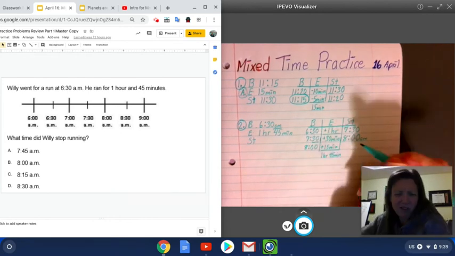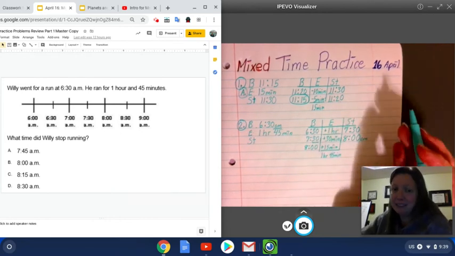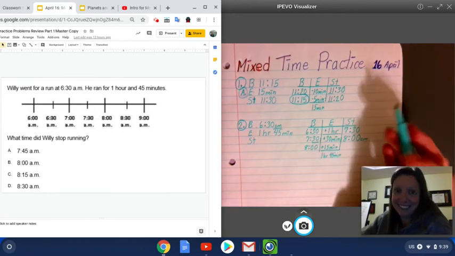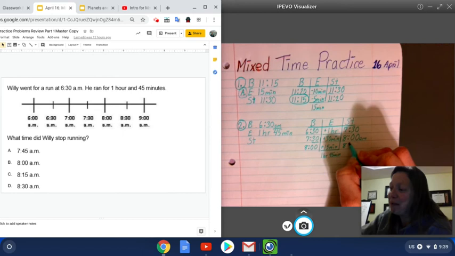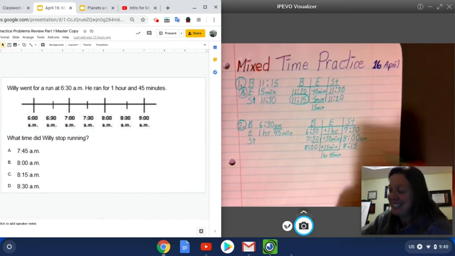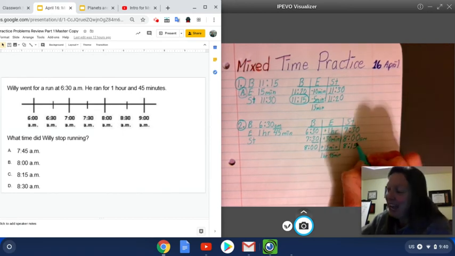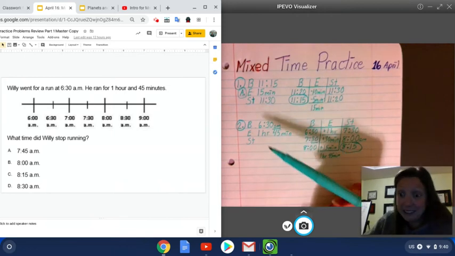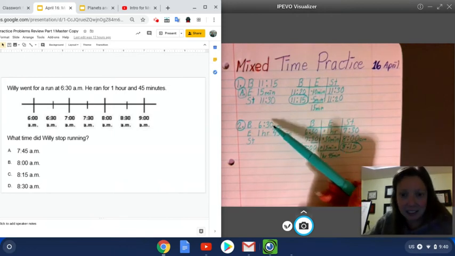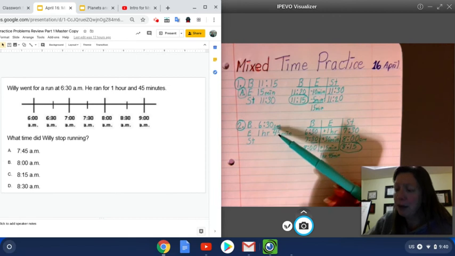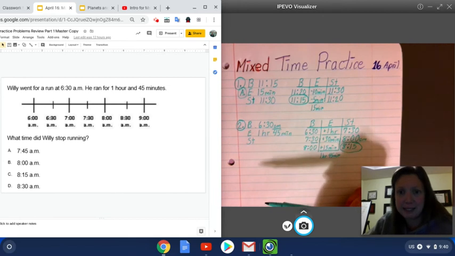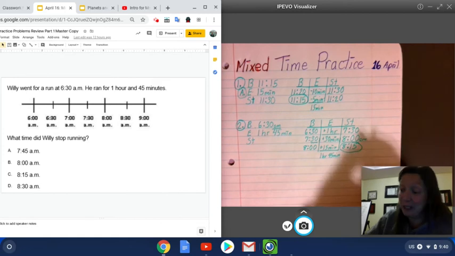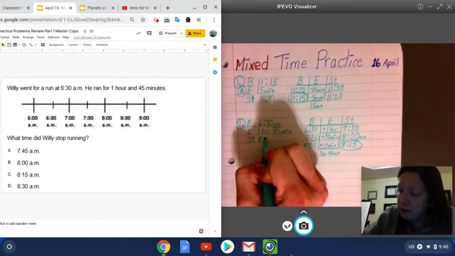And if it's 8 o'clock, what is 15 minutes past 8? What is 15 minutes after 8 o'clock? Great job. 8:15. So that is our stopping time. So when Willie started running at 6:30, he ran for 1 hour and 45 minutes. And then it was 8:15 when he stopped running.